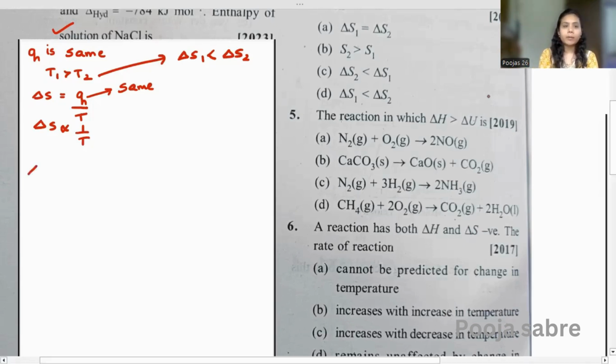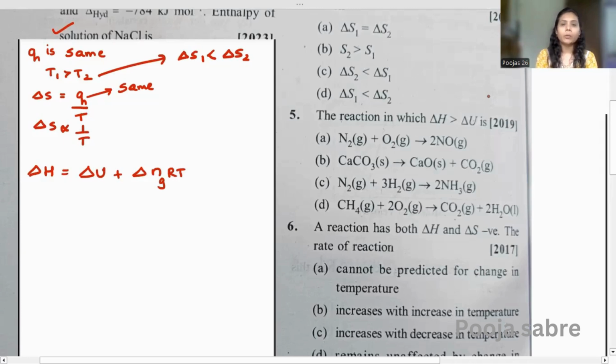Now, firstly, always remember that for delta H, that is enthalpy, we have studied some formulas in the entire chapter. A very important formula is delta H is equal to delta U plus delta n RT, where delta n is the gaseous change in the number of moles.